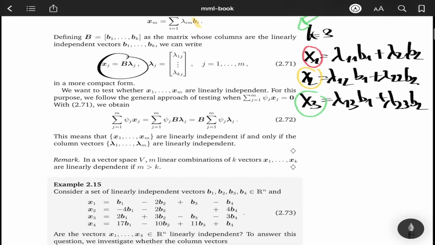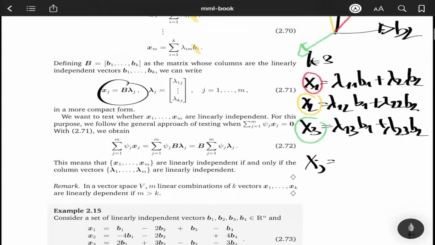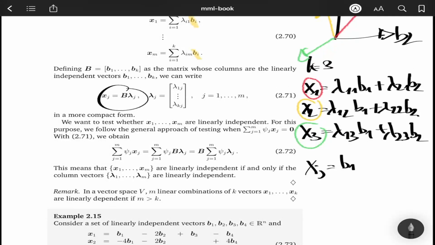So let's write it like that. They say xj equals B. We have b1 and b2. These are two columns. And then they multiply it with the vector, what is it? Lambda vector.